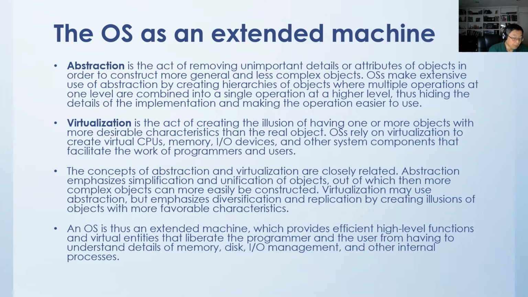Now, remember the two views of the computer system. One is the user view. The user views the computer system as a screen which contains graphical objects, like Microsoft Windows and Linux.